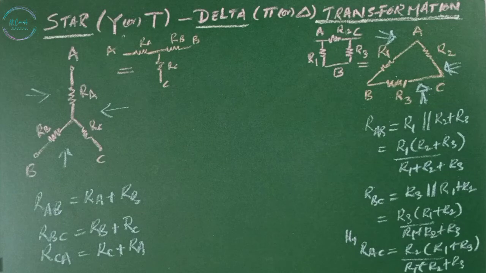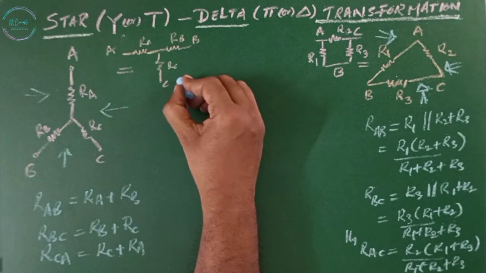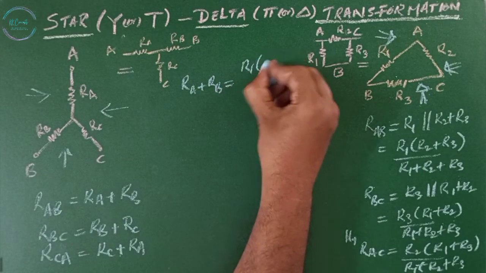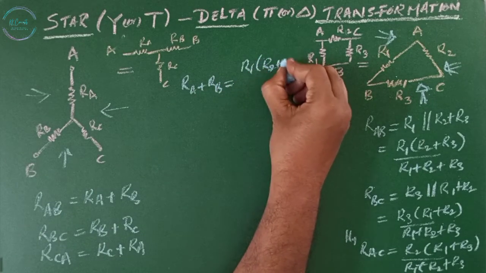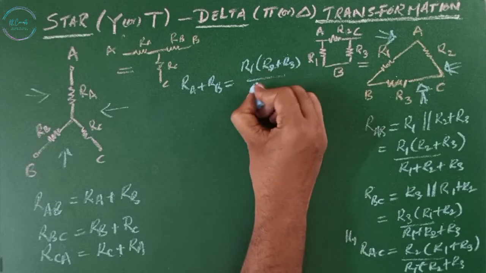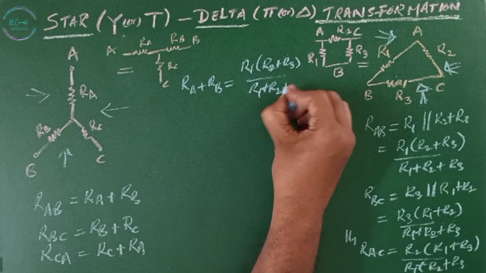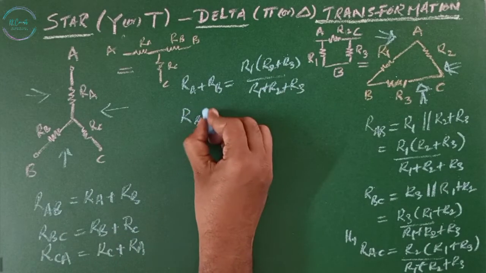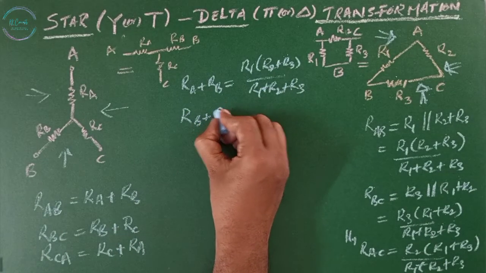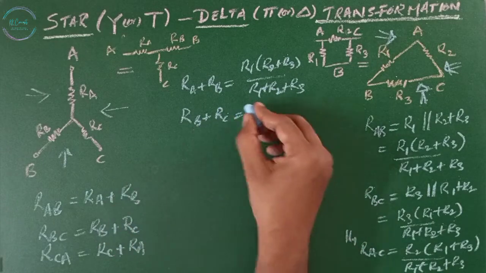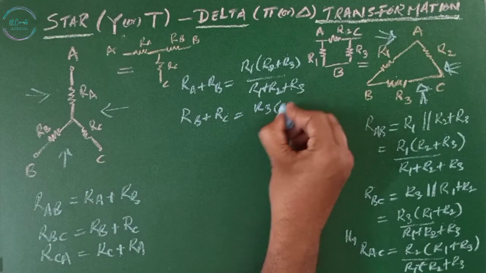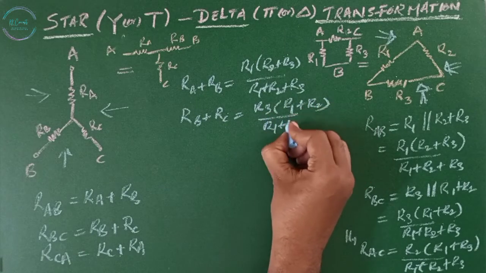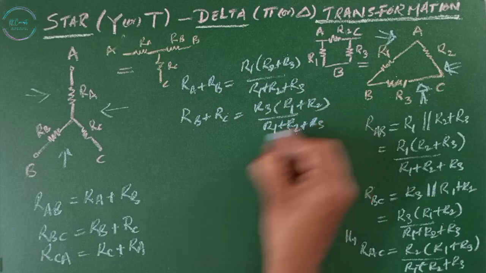Now, equating the resistances between the same terminals, we get RA plus RB equals R1 (R2 plus R3) divided by (R1 plus R2 plus R3). Similarly, RB plus RC equals R3 (R1 plus R2) divided by (R1 plus R2 plus R3).